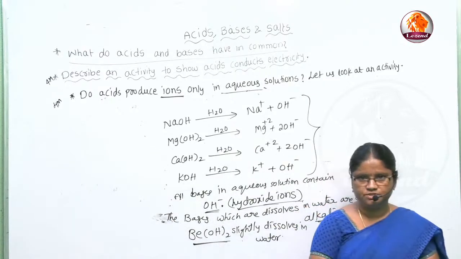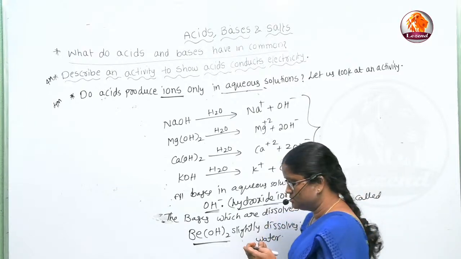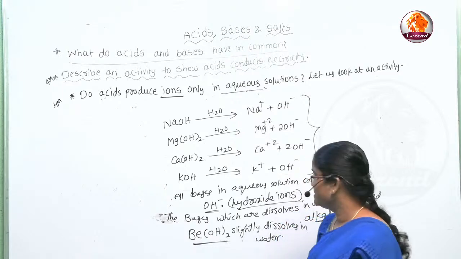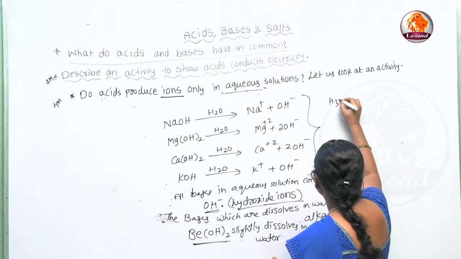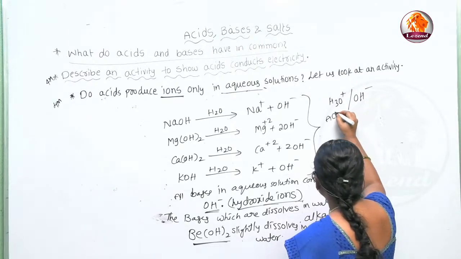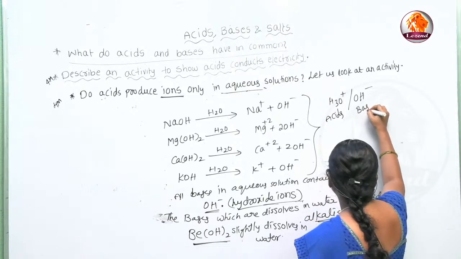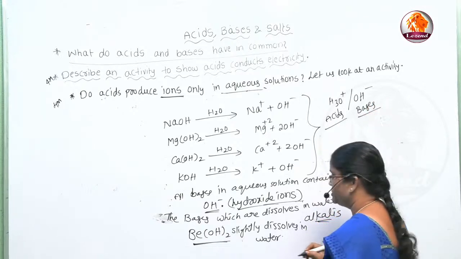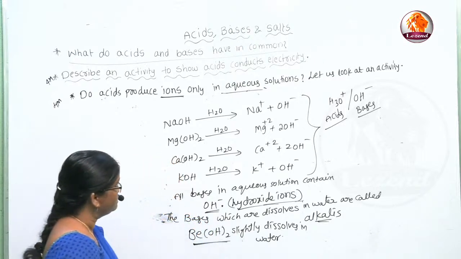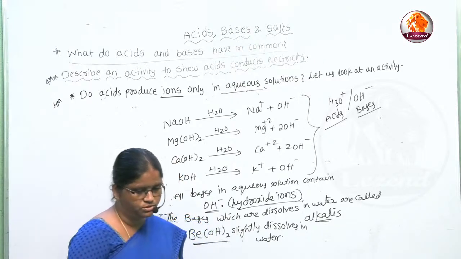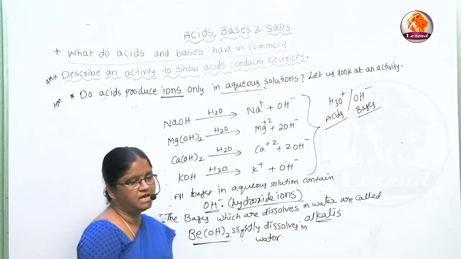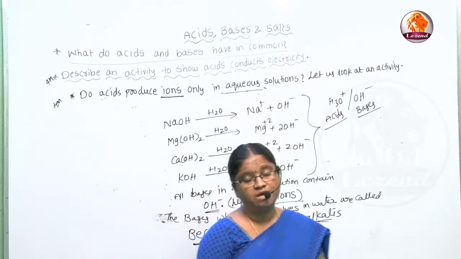From this activity we can confirm that acids produce ions only in aqueous solution, and acids have H3O plus ions in common, and bases have hydroxide ions in common. Acids produce ions only in aqueous solution, not in dry form. In dry form it behaves as a gas, not as an acid.